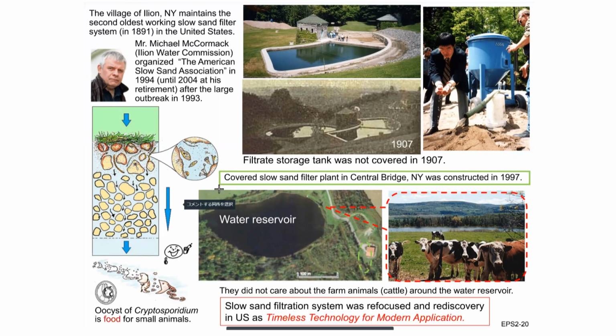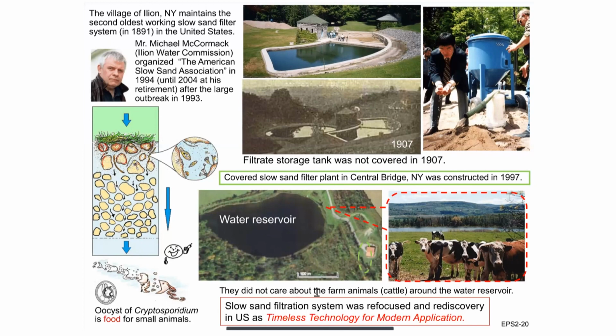And I visited a covered slow sand filter plant in Central Bridge, New York, constructed in 1907. A water reservoir, and this one is a covered slow sand filter. But behind it there is a cattle yard.